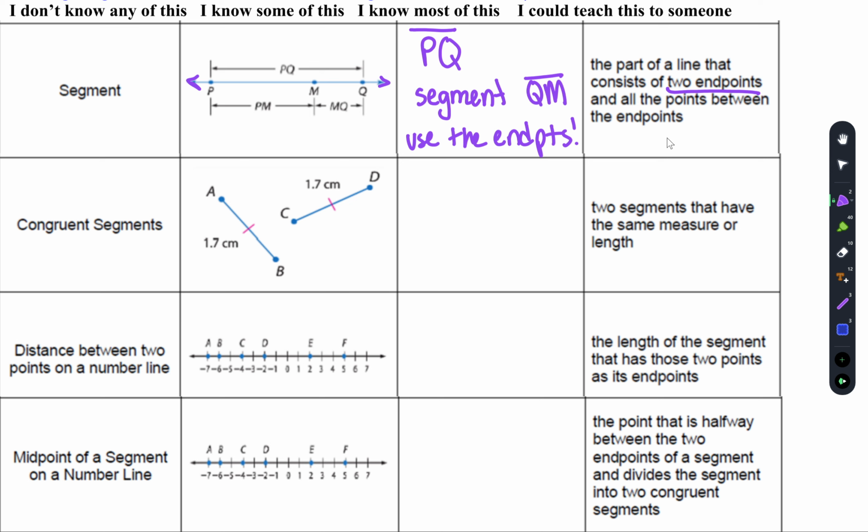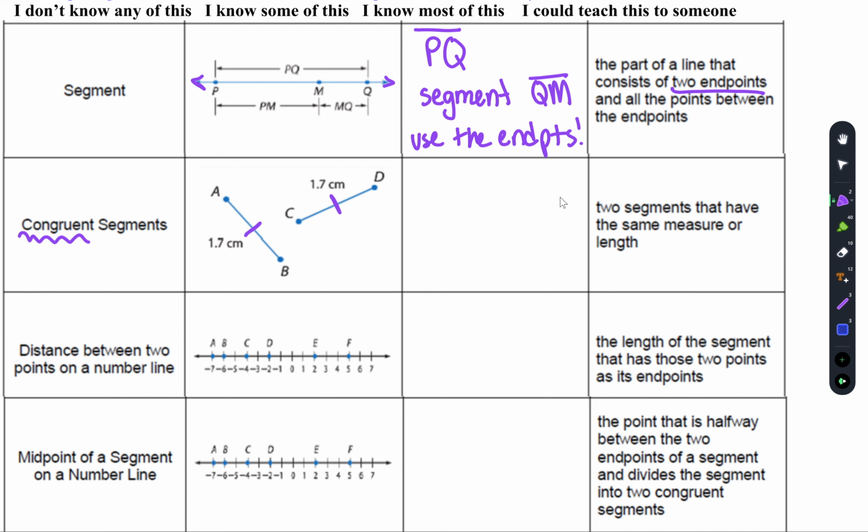Okay, the next definition, congruent segments. Congruent is going to be a really big vocab word for us in geometry. When two things are congruent, it means they have the same measure or length. So in this diagram, we can see these two segments, AB and CD. Diagrams are going to be marked with tick marks to indicate that two things are congruent.